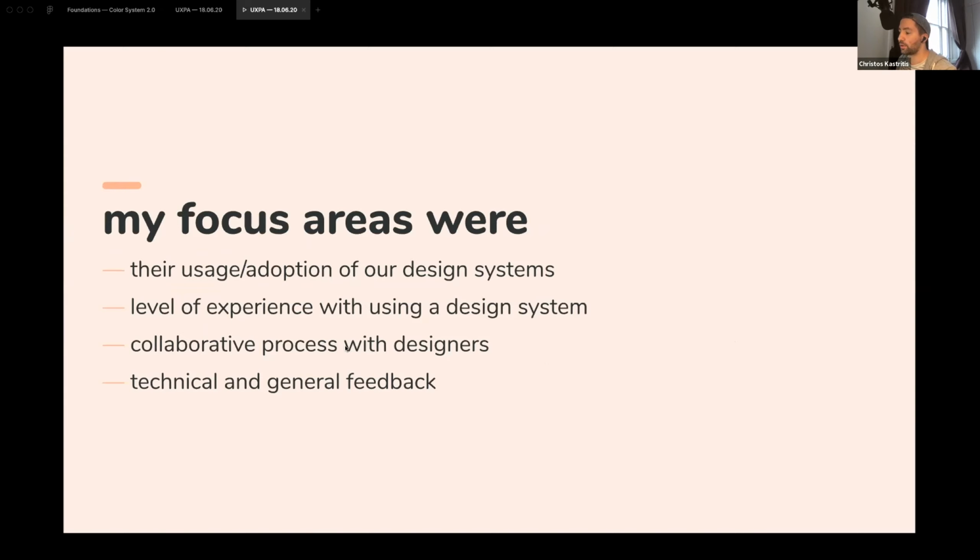Was it their first time using a design system, or have they used design systems in other companies? I think another really important part is trying to understand their collaborative process with designers. And one thing I've definitely learned is that it can be completely different within product teams, even in your own company.